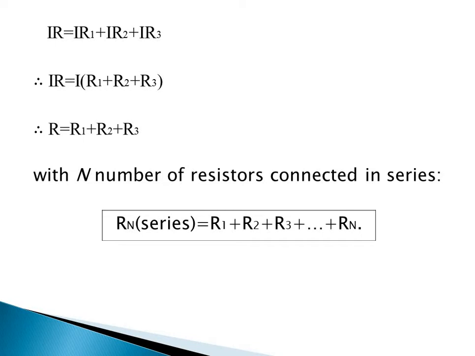With n number of resistors connected in series, R n series is equal to R1 plus R2 plus R3 up to Rn. From this equation, we get that the equivalent resistance in series combination is the algebraic sum of all the resistances connected in that combination.